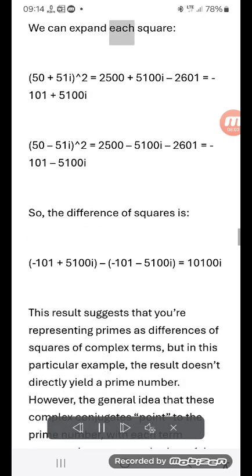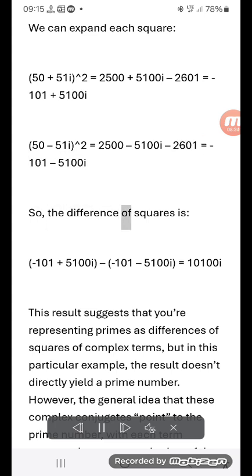We can expand each square. (50 plus 51i) squared equals 2500 plus 5100i minus 2601, which is equal to minus 101 plus 5100i. (50 minus 51i) squared equals 2500 minus 5100i minus 2601, which is equal to minus 101 minus 5100i.